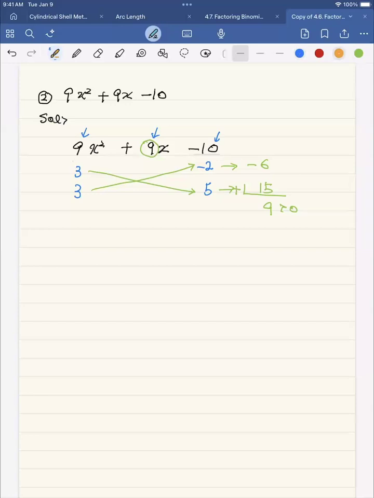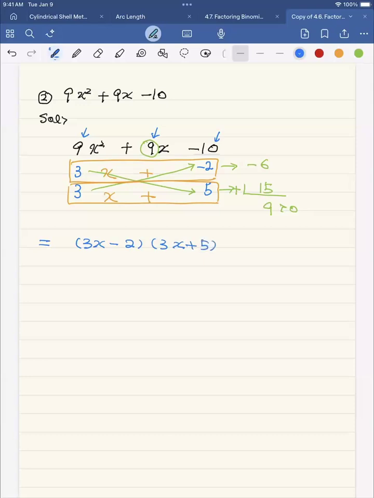The next step is we horizontally combine the two numbers and put x, and then plus x and plus. Then we will have 3x minus 2 times 3x plus 5. This is the final answer.